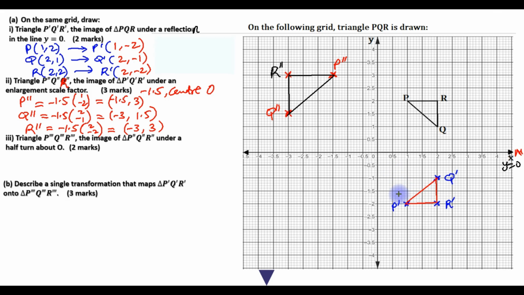So P maps to P prime, then Q prime to Q double prime, and then R prime to R double prime. So you can see this is the center of enlargement.